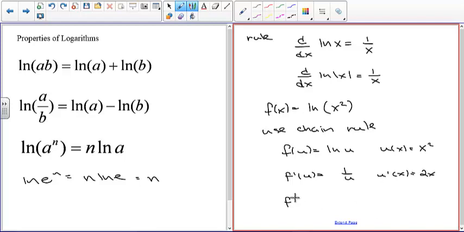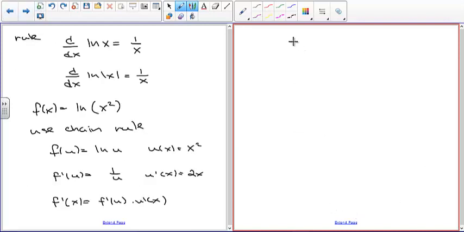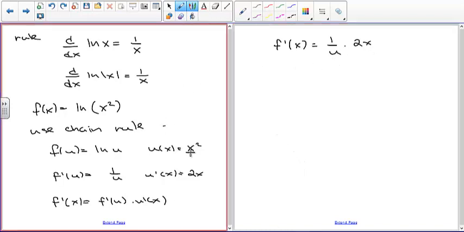The chain rule says f prime of x equals f prime of u times u prime of x. So we plug those back in. f prime of x equals 1 over u, that's f prime of u, times u prime of x, which is 2x. And then you say, okay, I need it all in terms of x, so I go back, find out what u was.